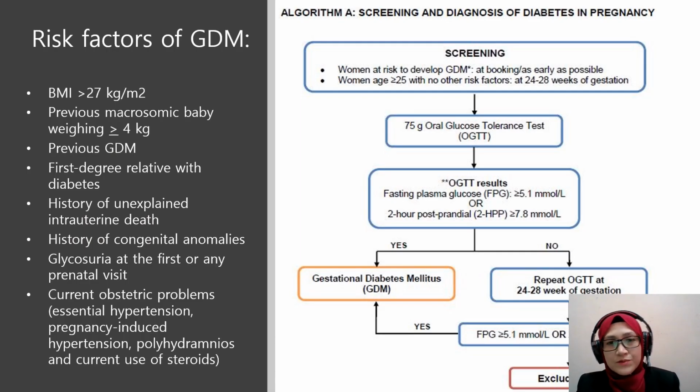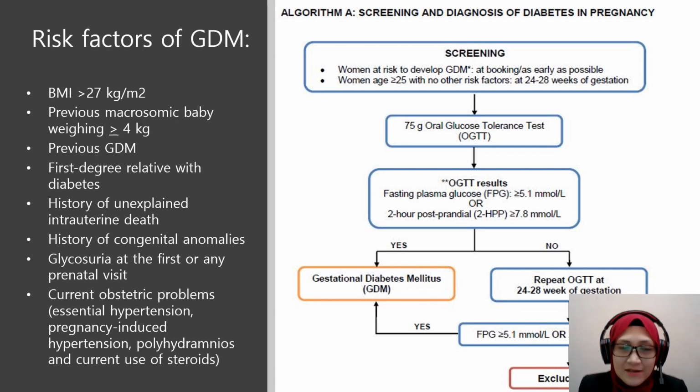For women who do not have diabetes, when they are pregnant, we also need to assess whether they have gestational diabetes. Okay, the risk factors here are those who have a BMI of more than 27 or are obese, or a previous pregnancy with a macrosomic baby weighing more than 4 kilograms.